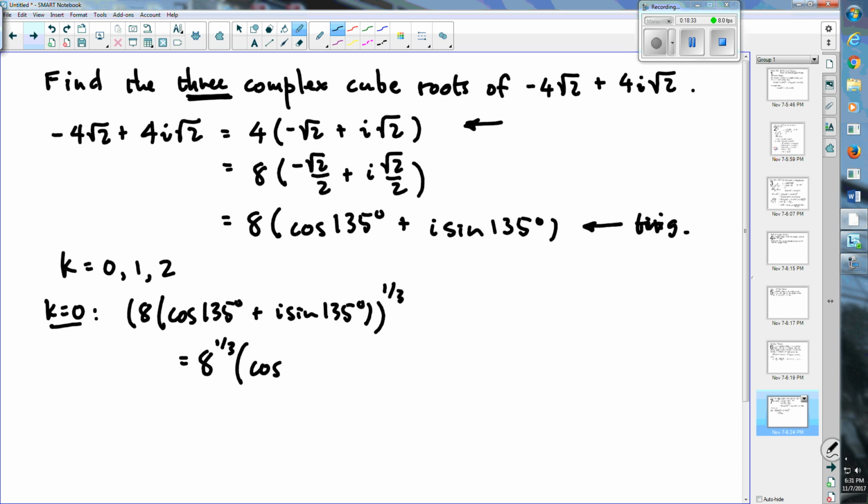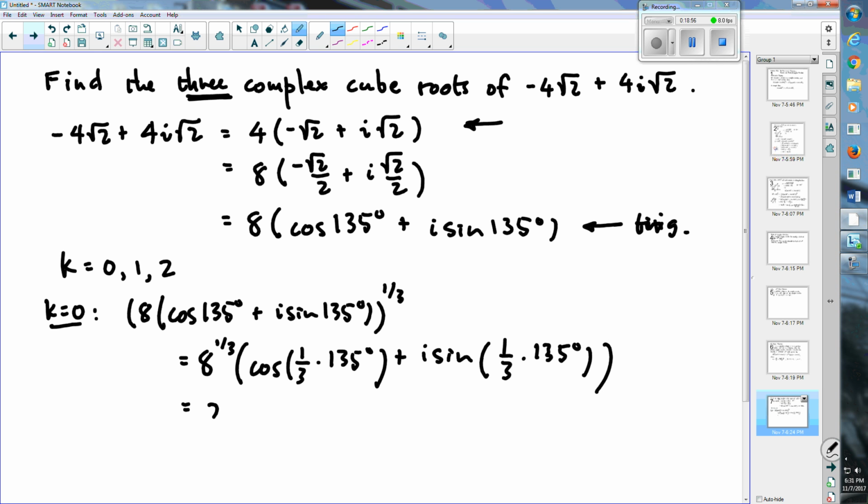So we write the cosine, and since it's the cube root, we write 1/3 times 135 degrees, plus I times the sine of 1/3 times 135 degrees.